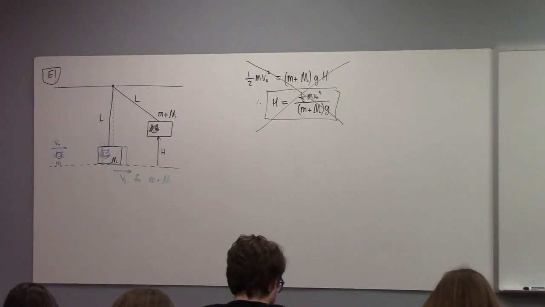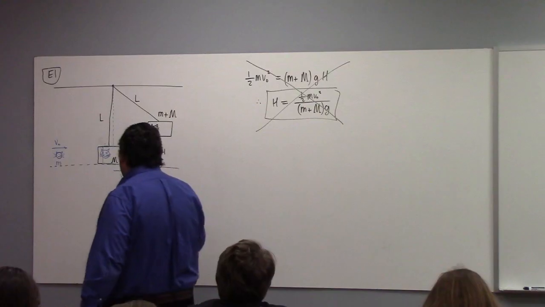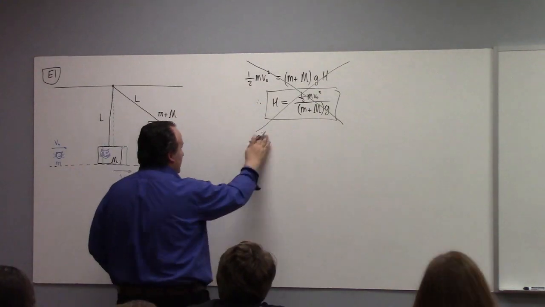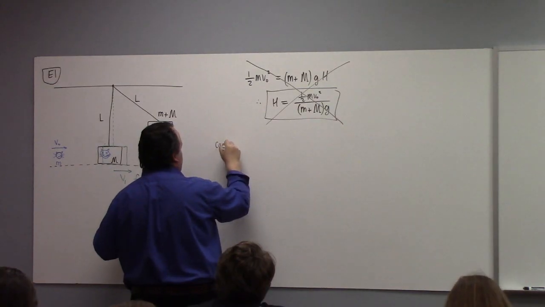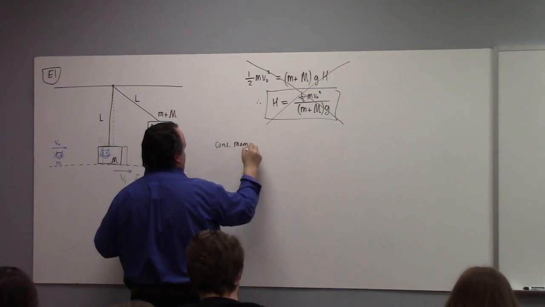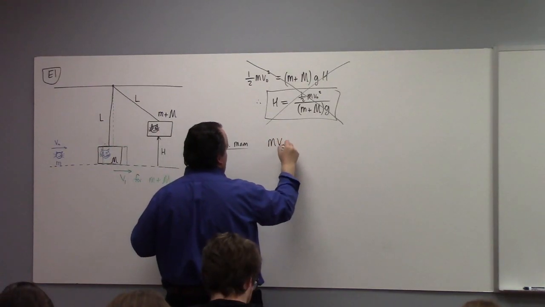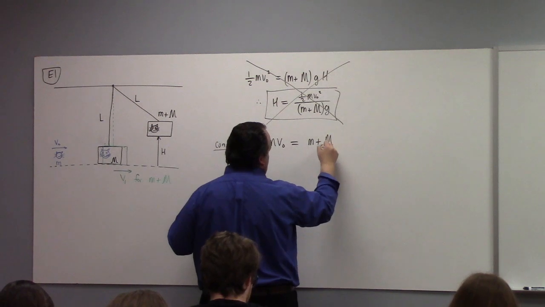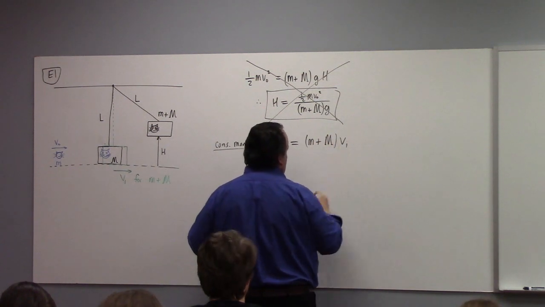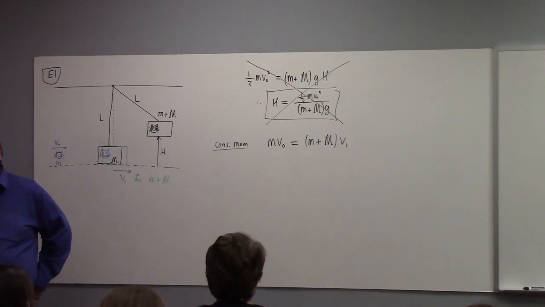And that was my error on the test. But it's not an error you guys will make if I was to give this problem. Okay, so we conserve momentum, which is m v naught is equal to little m plus big M v1. So I'm conserving momentum before and after the bullet's impact, right?